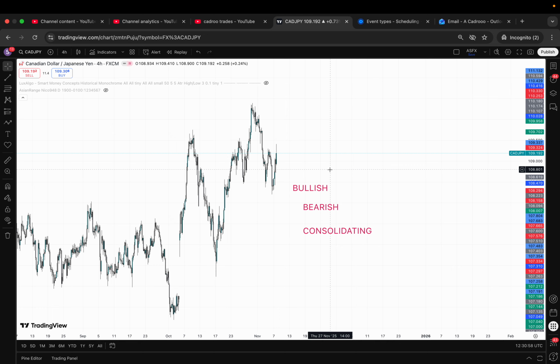Oh, I missed this one. It's a higher low. This is a higher high, this is a higher low, this is a higher high, a higher high, a higher low, a higher high.